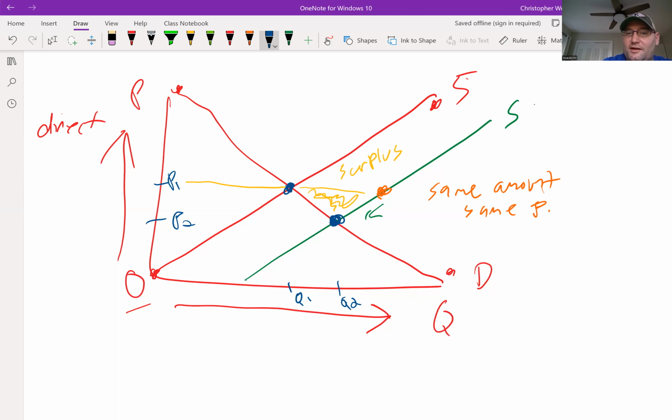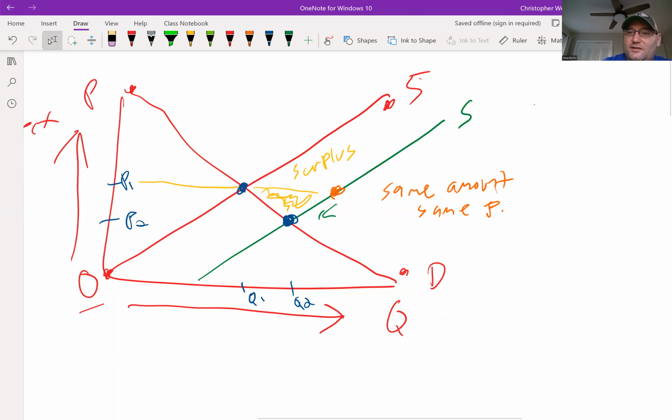Sometimes in economics, we talk about how profit leads to efficiency, because the demand curve didn't shift, but the number of people supplying the housing did. So we have that surplus, which puts downward pressure on the price, which creates a new price point.